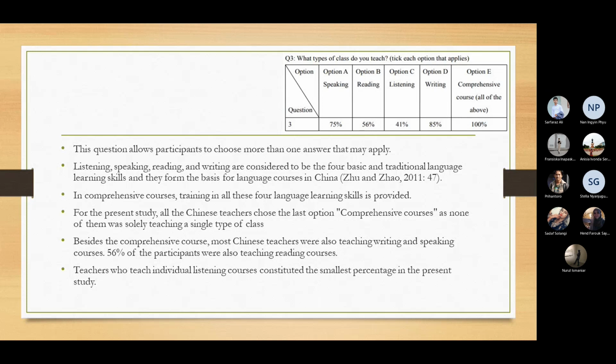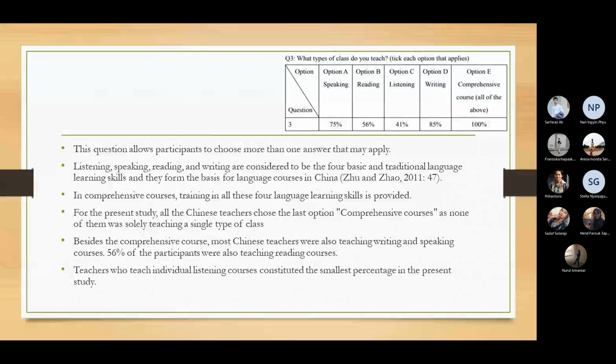None of them was teaching only a single type of class. Some of them were teaching the speaking class, some the listening class, and some the writing class. So in this way, in the comprehensive course, most Chinese teachers were also teaching writing and speaking.